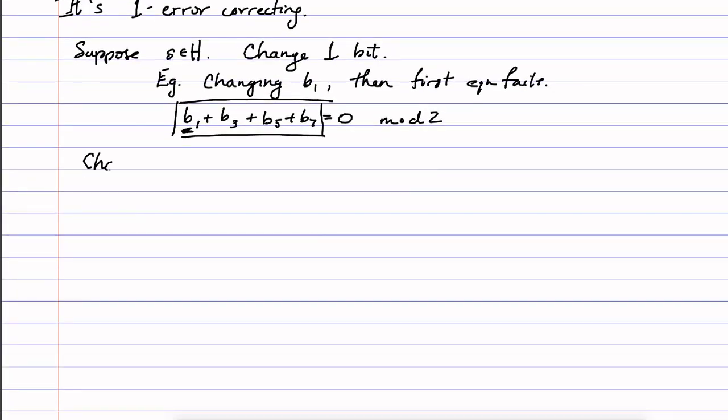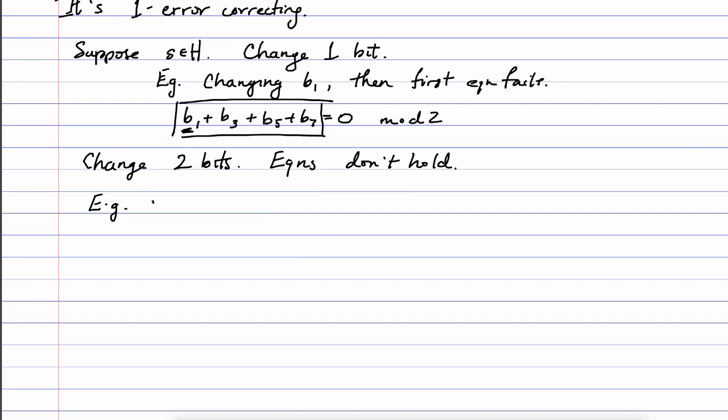Okay, now continue. Let's see what happens if you change 2 bits. Well, then the same thing happens, that the equations don't hold anymore. But why? It's a little bit more complicated. For an example, let's consider changing bit 3 and 7.